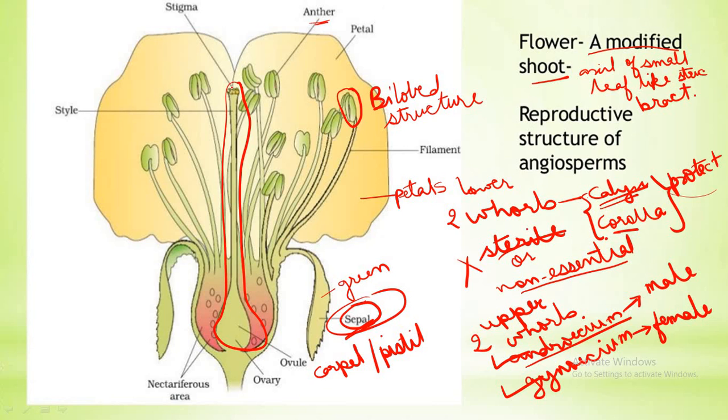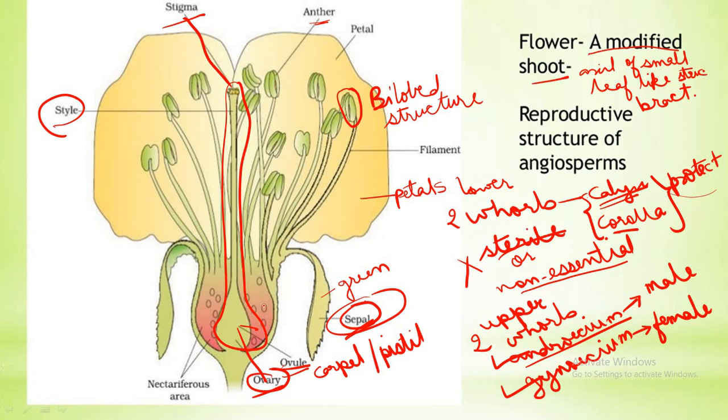The first part is the stigma, the second part is the style, and at the base the lower part is called the ovary, the swollen part. It helps in production of megaspores, fruits and seeds. This ovary contains ovules inside which the female gamete is present, that is the egg or ovum.